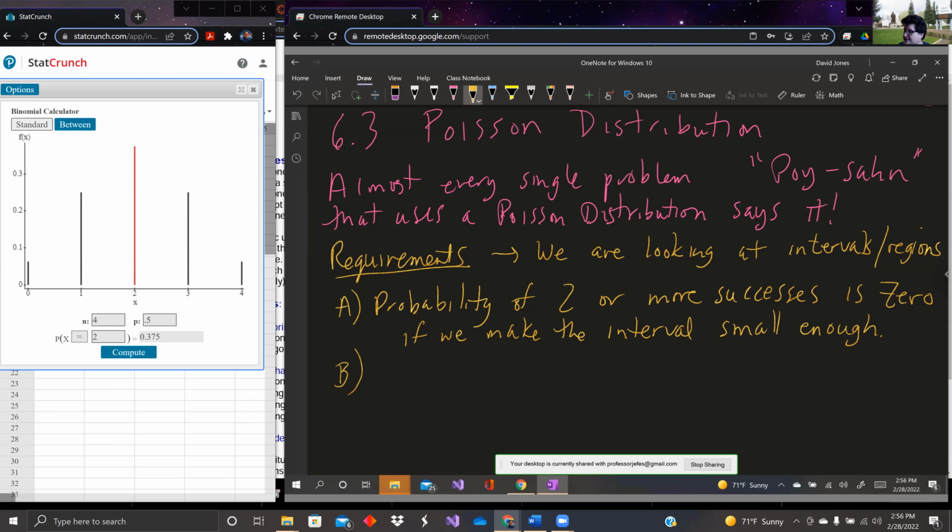B, the probability of success is the same for 2 different intervals of equal length.